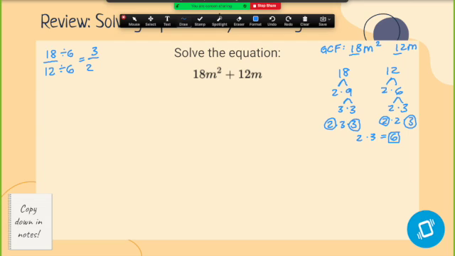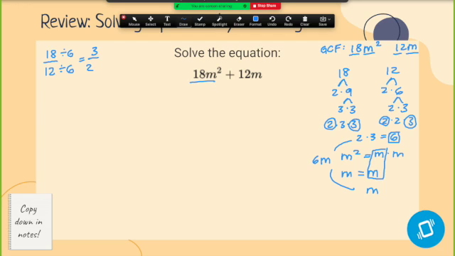And then we also need the m to the power 2 and the m. So m to the power 2 equals m times m. M just equals m. So it seems like they only have one common m here. So I'm going to multiply the 6 and the m together, and I'm going to get 6m.